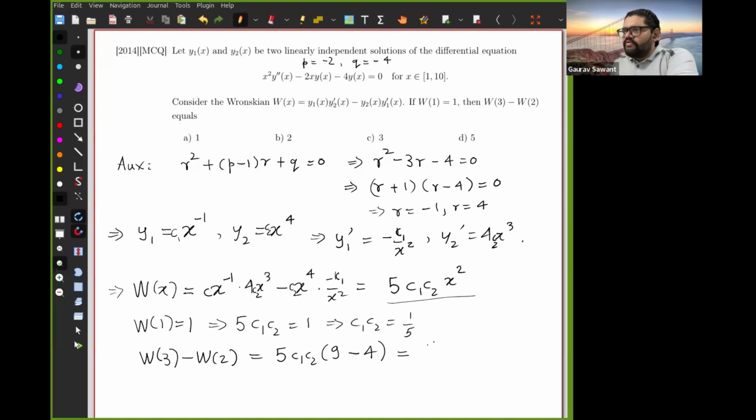That is equal to 5 times 5 C1 C2. So actually we did not even need to evaluate that C1 C2. We could have simply gone straight from Wx. We did not need to even evaluate it. Okay. So anyway, this was W1. So since W1 is 1 and I got 5 times W1, my answer is 5.